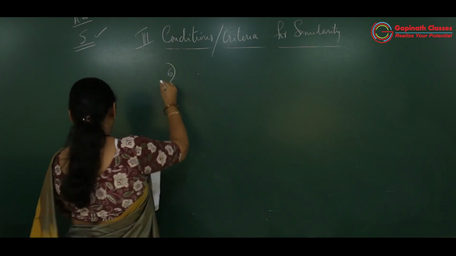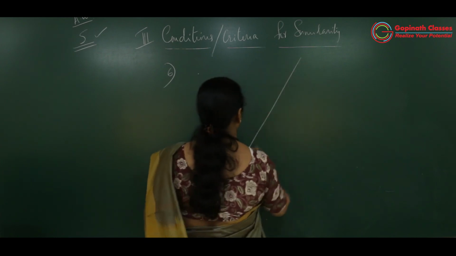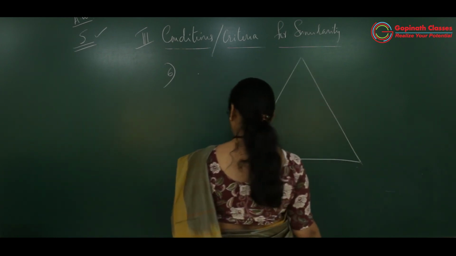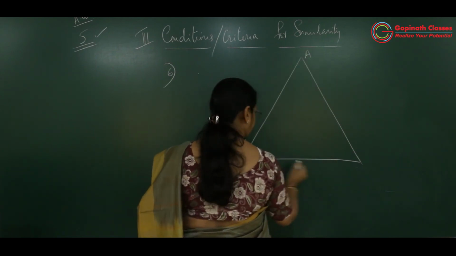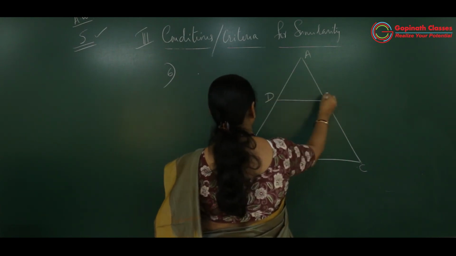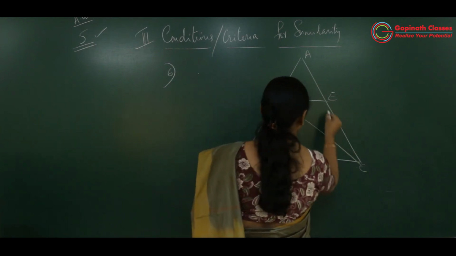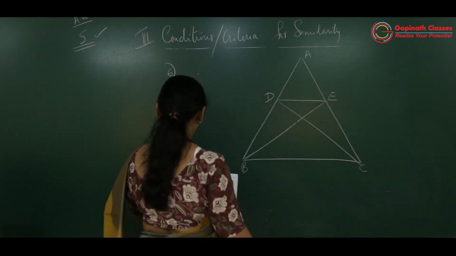Sixth is in figure 6.37. It's a figure provided there. ABC, DE here. Okay, what is given?